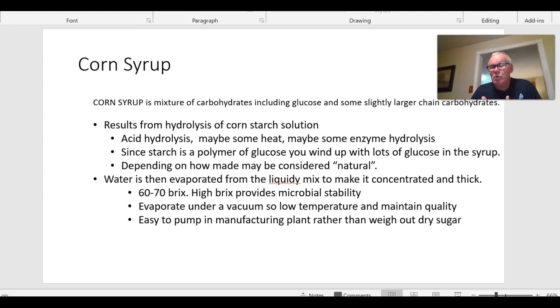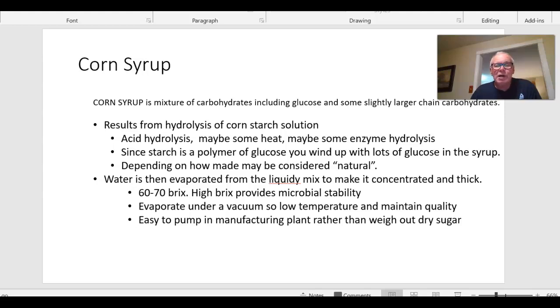And that maintains the quality of the ingredient. What you wind up with is a syrup that's maybe 60, 70 Brix, with decent microbial stability and decent quality because you evaporated off the water using a vacuum. And you have something that's basically easy to pump.